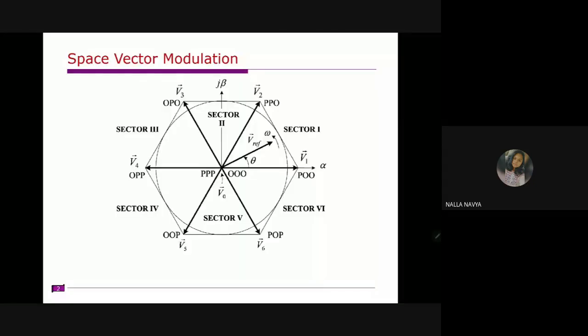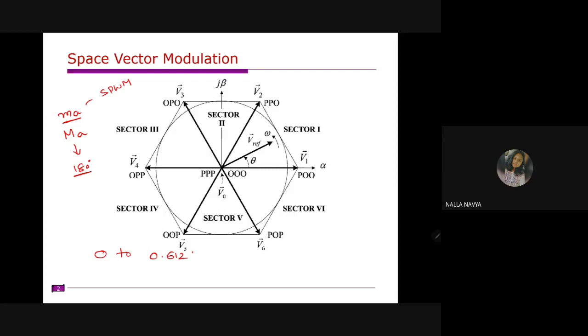There are actually two MAs: a small MA and a capital MA. Don't confuse them. The small MA is defined from the sine PWM method, that is, from the 180-degree mode of operation. In sine PWM, the output voltage changes from 0 to 0.612 times Vs, and we normally assume the MA changes from 0 to 1.